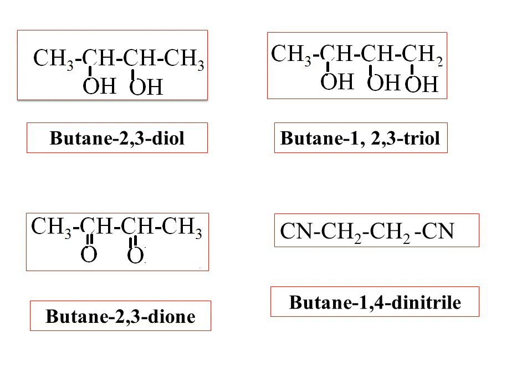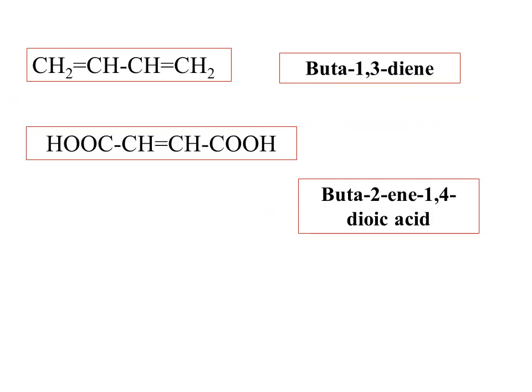Similarly, butanedione. If you have two ketone groups, you are going to call it as one. Similarly, if you have two nitrile groups, you are going to call it 1,4-dinitrile. These are also bifunctional, but the functional group has been repeated. Therefore, you are going to use the prefixes tri, di, tetra, etc. Similarly, if you have two double bonds, butadiene.